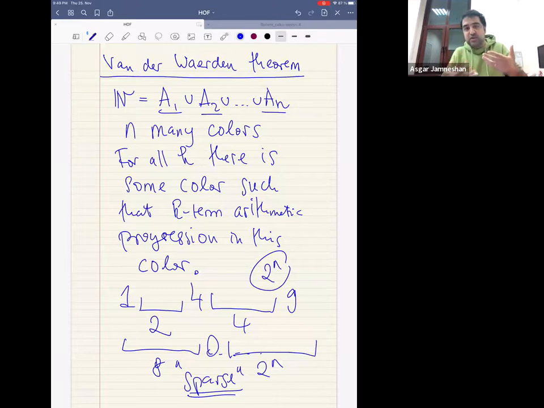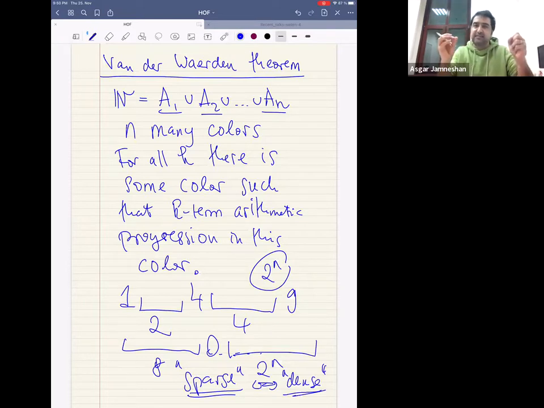Okay, so this leads to another natural question: if I do not take sparse sets, so the contrary to sparse is dense, and I will define what it means. If I take dense sets, can I always find arithmetic progressions inside them?